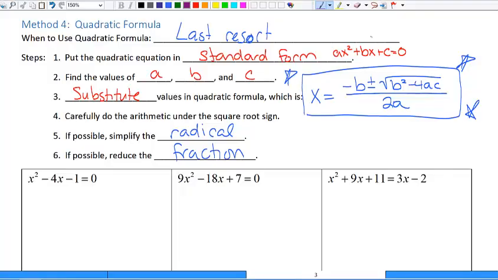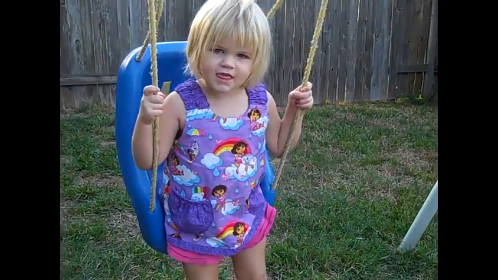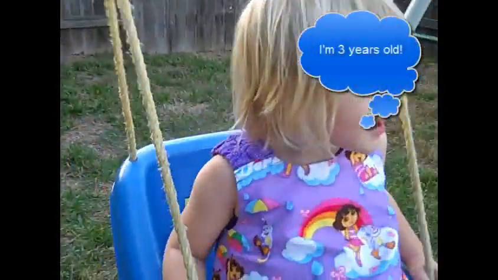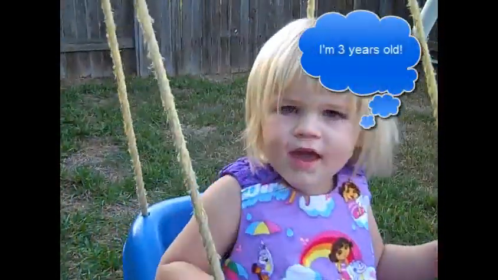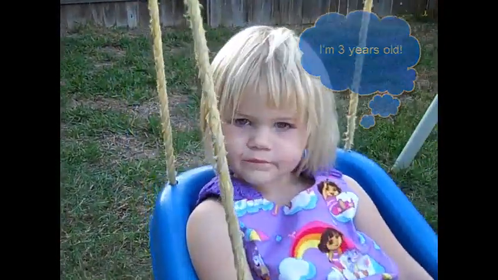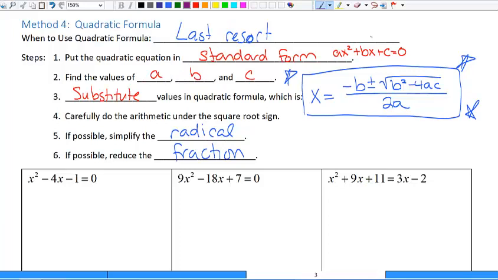And if you weren't impressed by that one, let's check out this one. X equals negative b plus or minus the square root equal minus 4c over 2a. So they were 3 and 5 years old at the time, so I think you can memorize your quadratic formula.